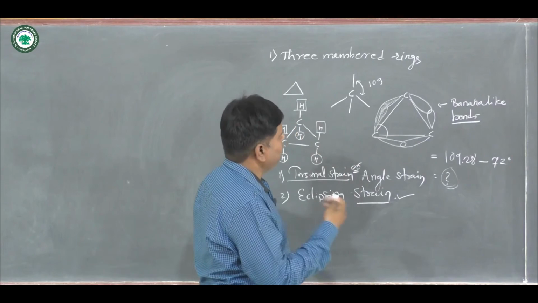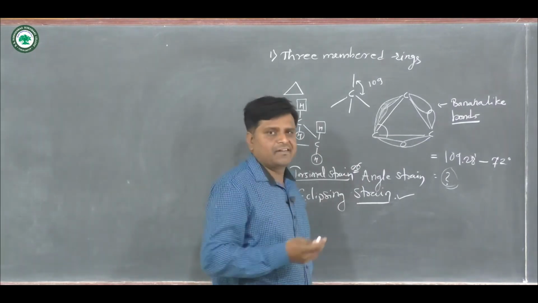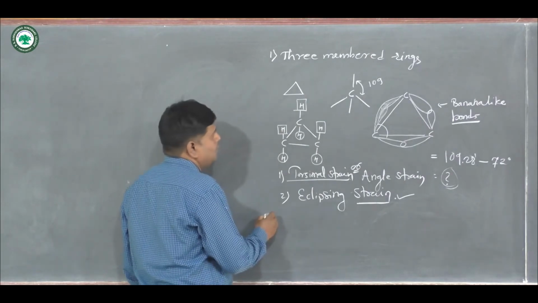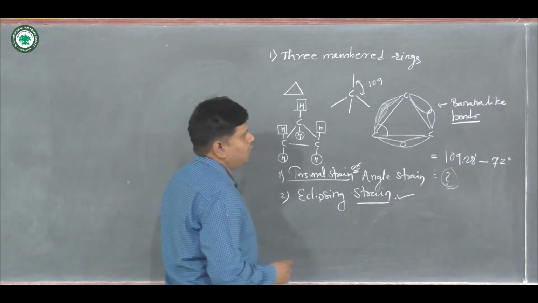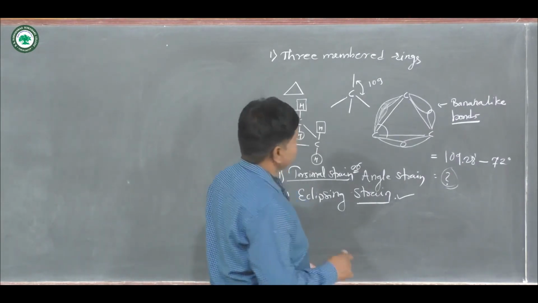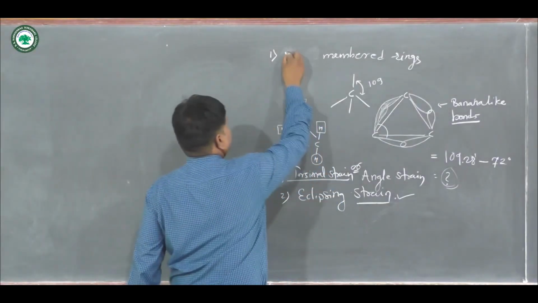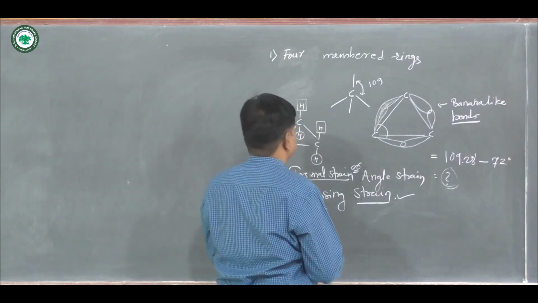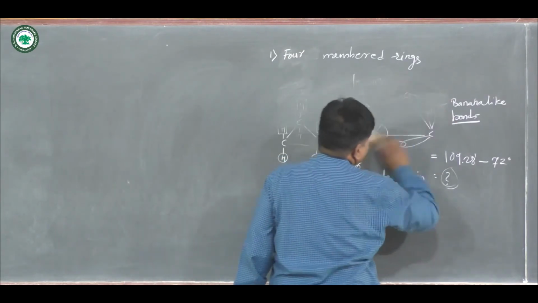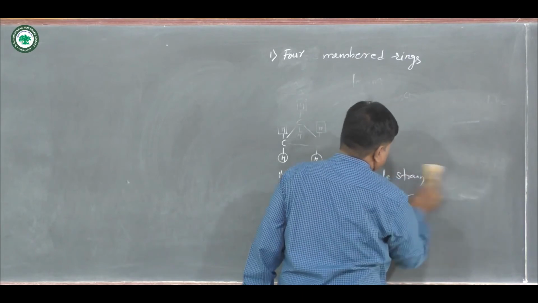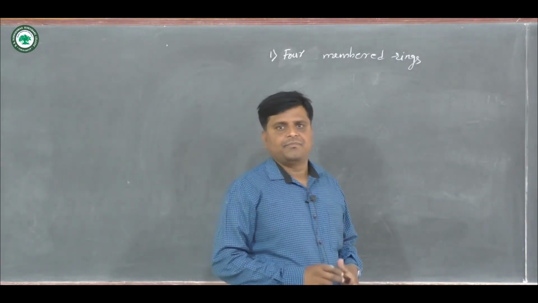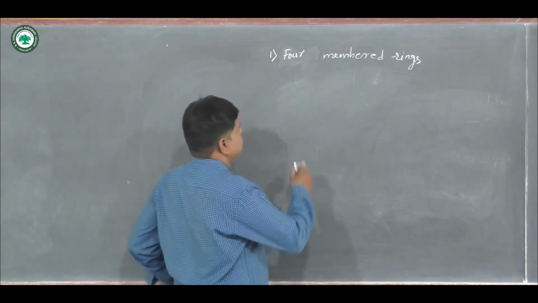And when we go to the next type of ring system, the four-membered ring system, this is the three-membered one, and now here we write four-membered rings.